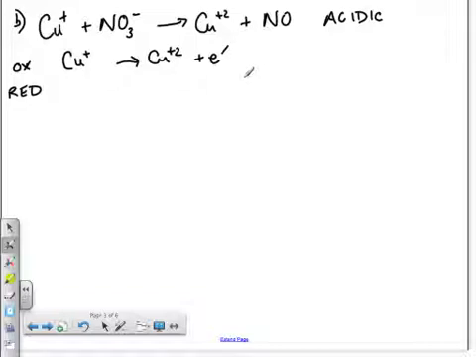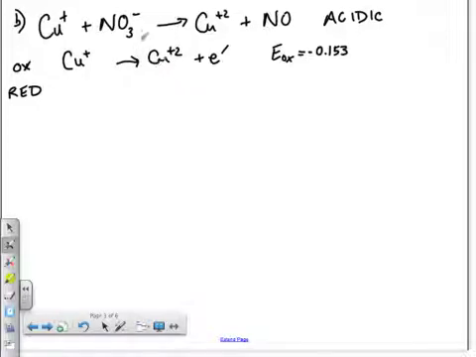That's a 1 electron change. I look up the E-ox for this, and it'll be the opposite of what I find on the standard reduction potential table. So it is negative 0.153 because it is the reverse of this written as a reduction.